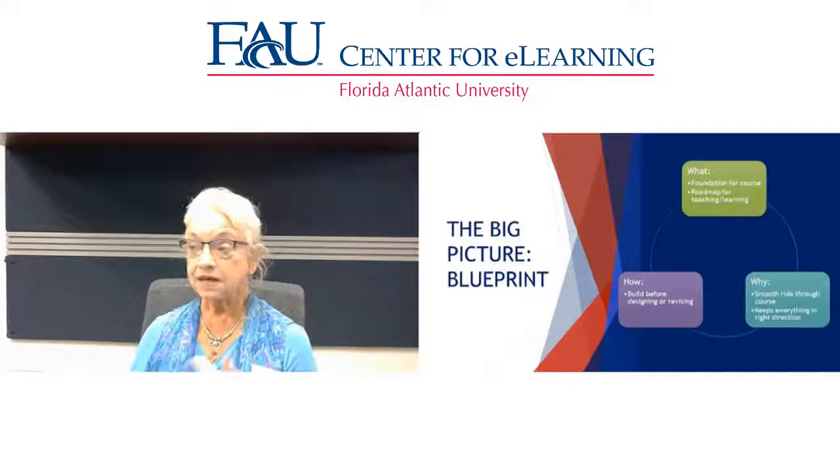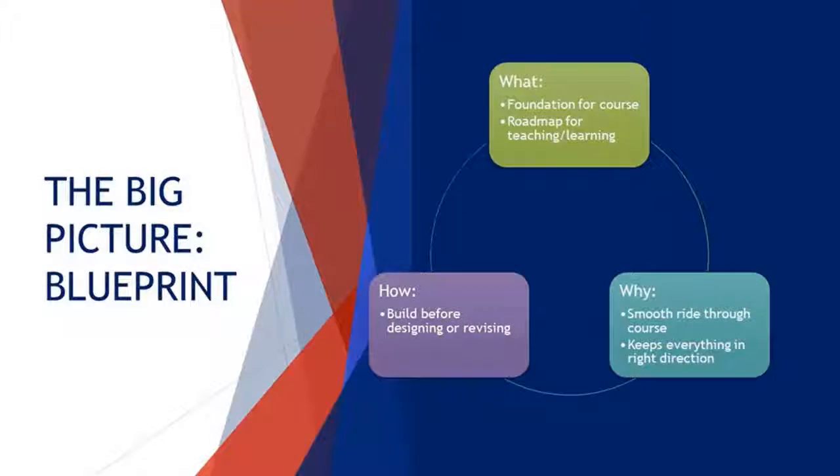That may not be what comes into their mind, but showing them the alignment is how we accomplish that. So that takes us into what I'm referring to as the big picture, the whole blueprint idea. I've got an example on the next one, but the blueprint provides us with a foundation for course development and gives us a clearly defined and laid out roadmap for teaching and for learning.